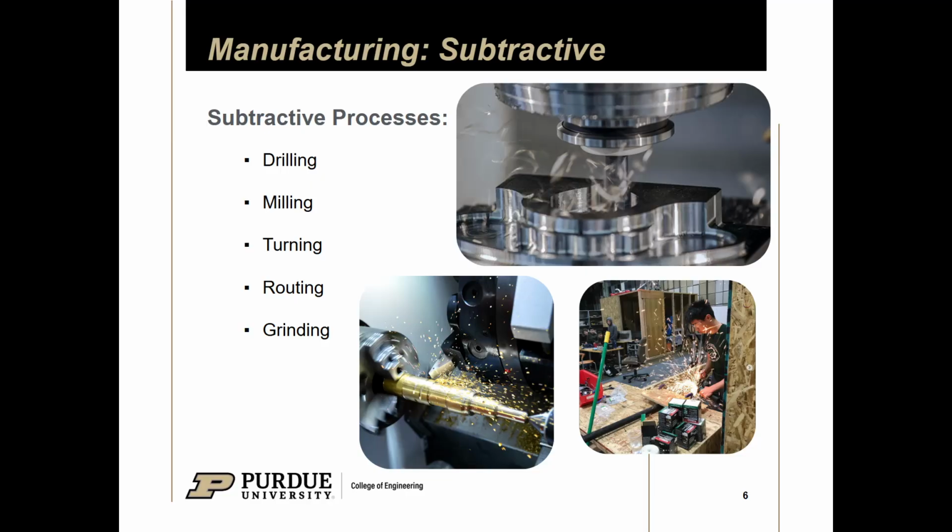They can get pretty expensive just because you need to start out with more material than you actually need for the part. And then depending on the precision, it can get pretty expensive too. Milling machines and stuff like that are awesome. If you've been to the ME machine shop, we have a couple. But those machines can cost tens of thousands to hundreds of thousands.